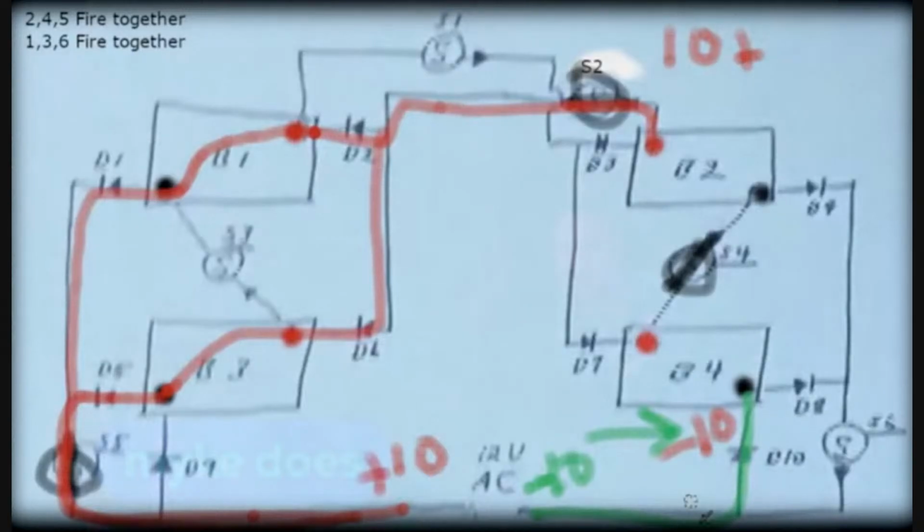geez, I don't know what these diodes are here for.